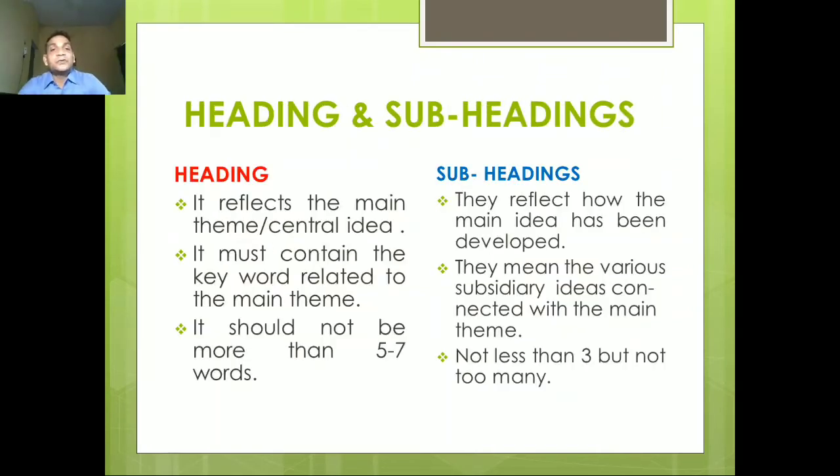Now, how you should write a heading and how your subheading should be, and what is supposed to be included in them, let's look at them. The heading should reflect the main theme or the central idea of the given passage, chapter, or topic.